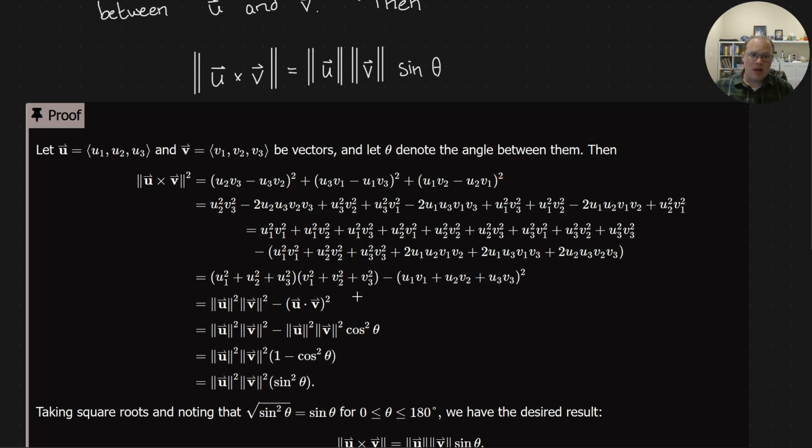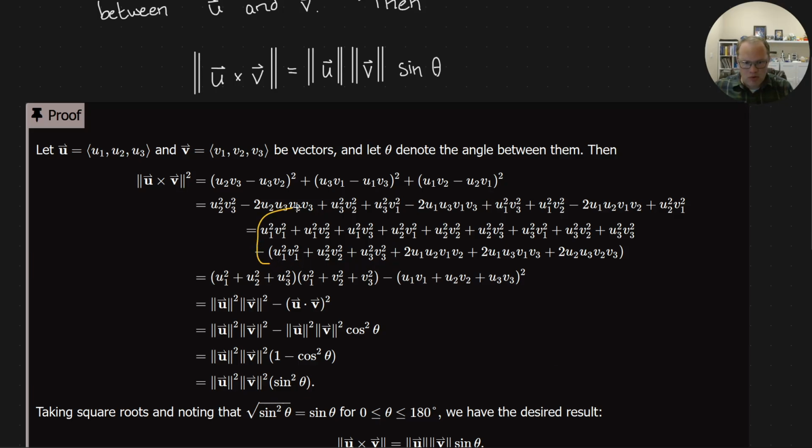Okay? But if we want to do any kind of manipulation, we actually have to FOIL this out. Each one of these we've got to FOIL out. Okay? So they do that, and that's what they get here. Right? Lots and lots of terms. What they do is they carefully manipulate the terms and move them side to side so they can get some very nice factoring.